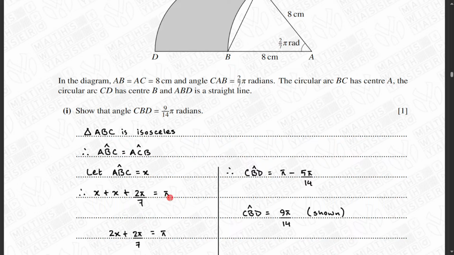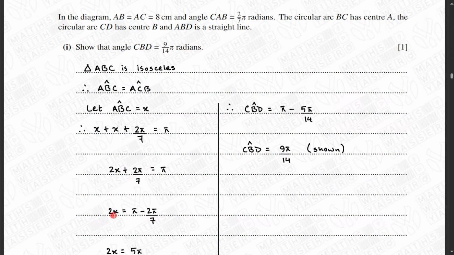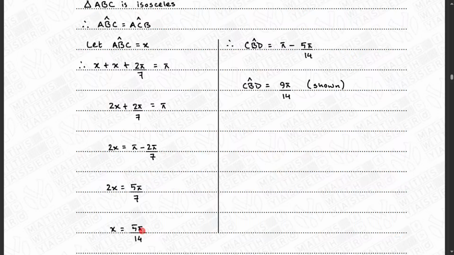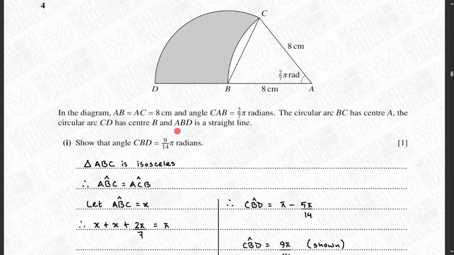And 180 degree in terms of radians is pi. So this will be 2x plus 2 pi by 7 equals pi. Therefore, 2x is equal to pi minus 2 pi by 7, and that will give us 2x is equal to 5 pi by 7. So x is 5 pi by 14. So we managed to find the value of the angle CBA.